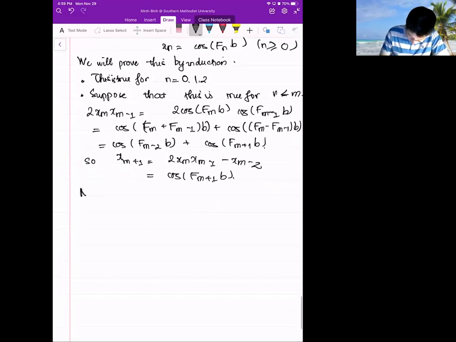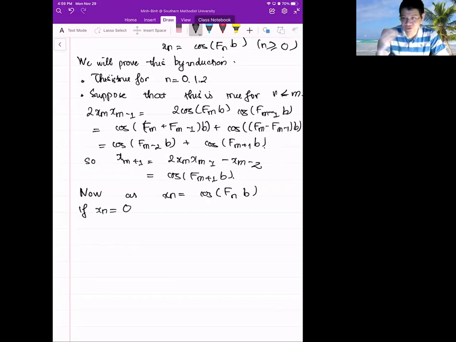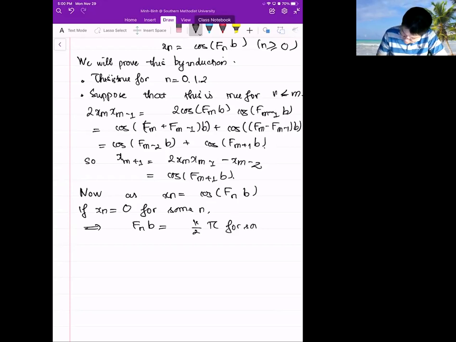All right. So now, as xn is equal to cosine of Fn b, we go back to the original assumption, xn is equal to 0 for some n. Which means that Fn b has to be k over 2 pi, for some odd k.